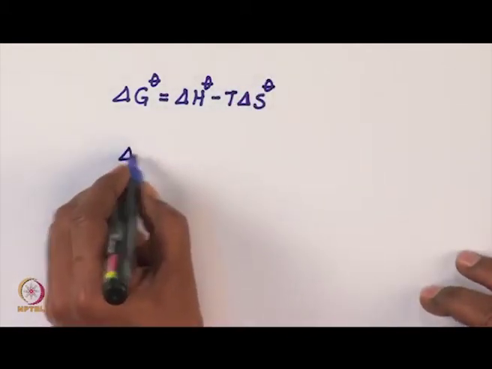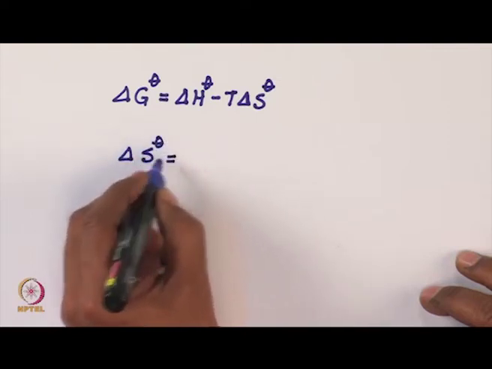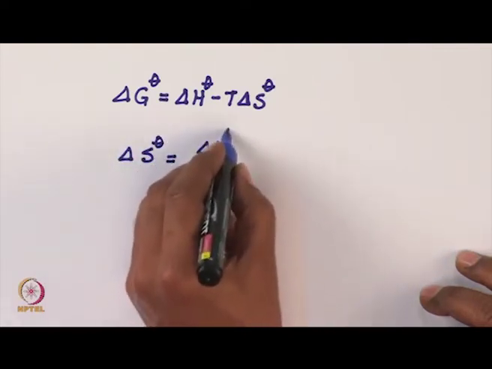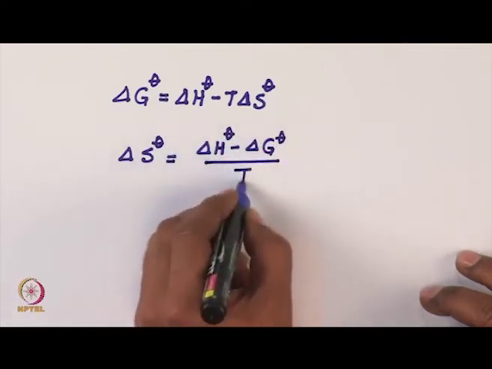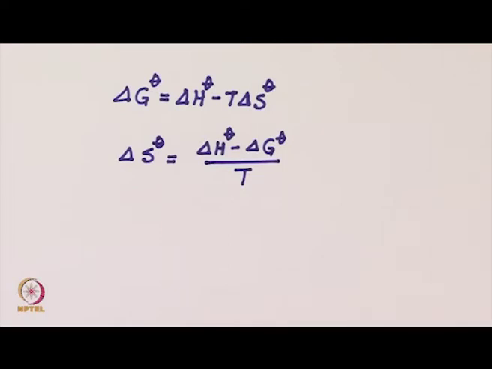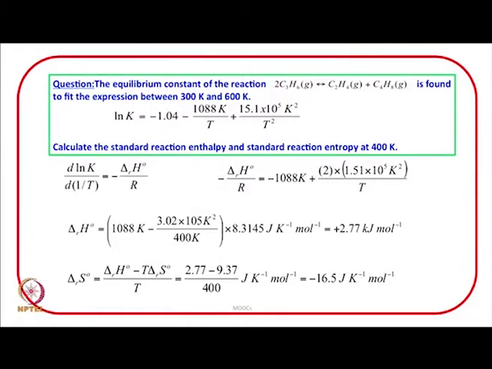And you rearrange this, delta S naught will be equal to delta H naught minus delta G naught divided by T. And if we look at the slide, then after you substitute the numbers, we will get a value of delta S naught.